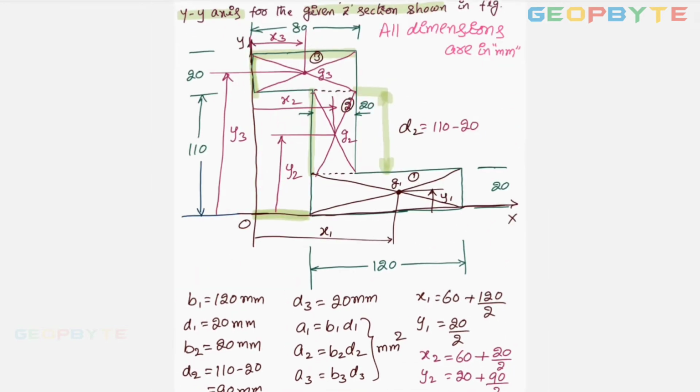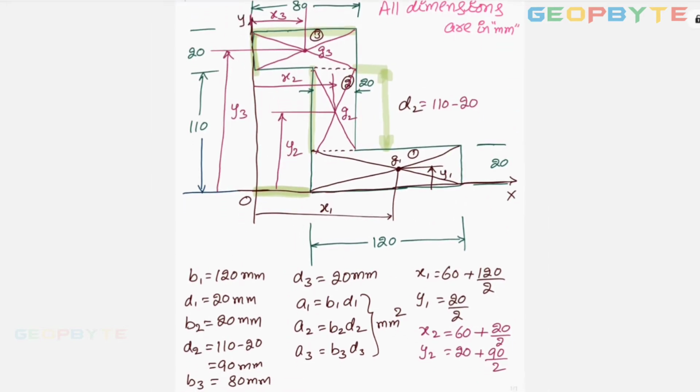Now let us find x3, y3. x3 equals 80 by 2. And y3 equals 110 plus 20 by 2.